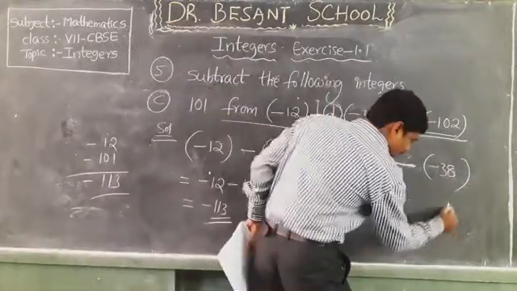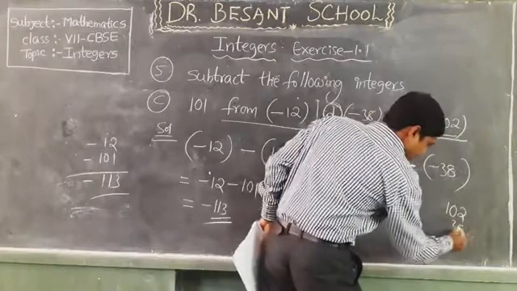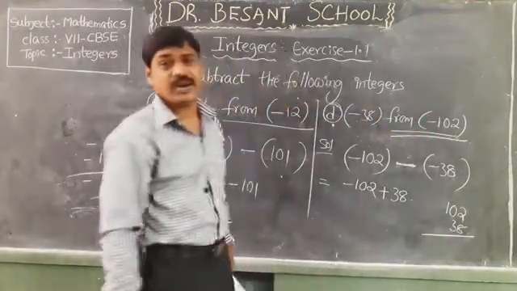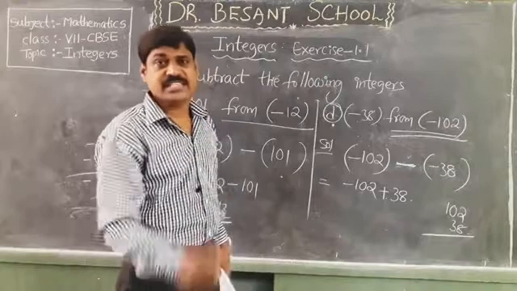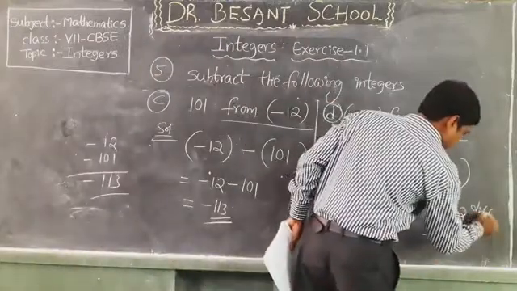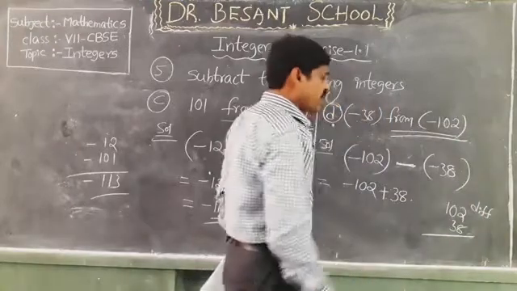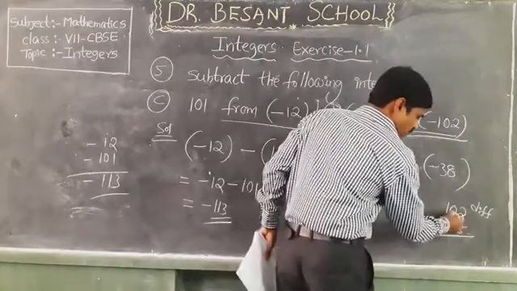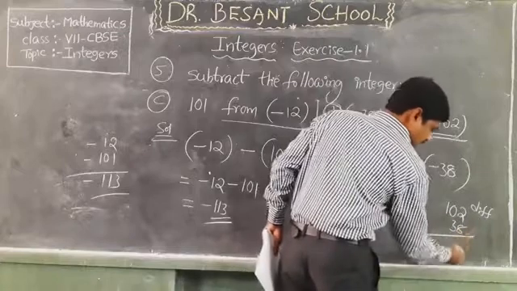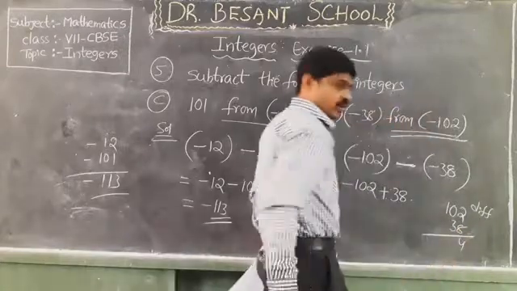See, 102. Both are having different signs. One is negative, one is positive. What do we have to take? Take the difference. Okay, difference we have to take. So 1 borrow, then it will become 12. 12 minus 8, 4.